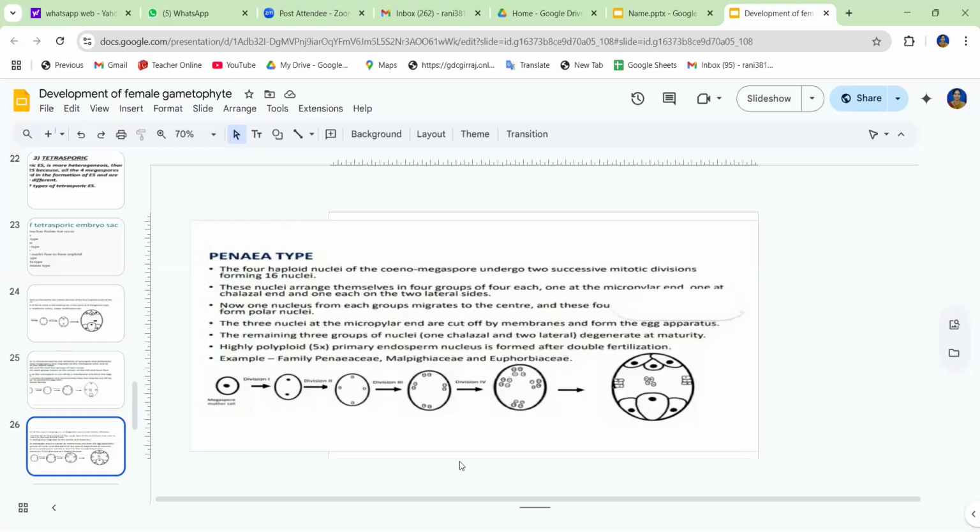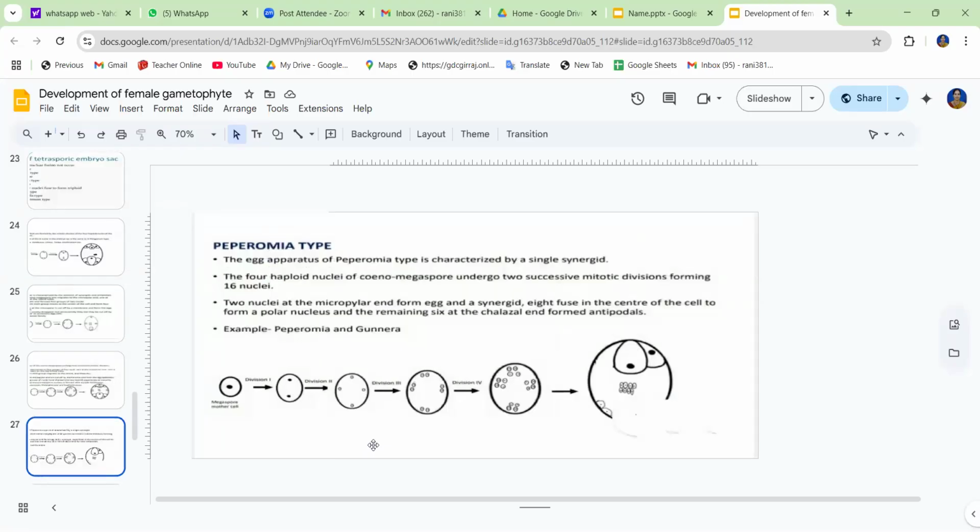Thus there are 4 triads and 4 polar nuclei formed in the complete embryo sac. The egg cell of the micropylar triad alone is functional. Such embryo sacs are found in many members of the Malpighiaceae. So the families Penaeaceae, Malpighiaceae, and Euphorbiaceae are the best examples of the Penaea type.